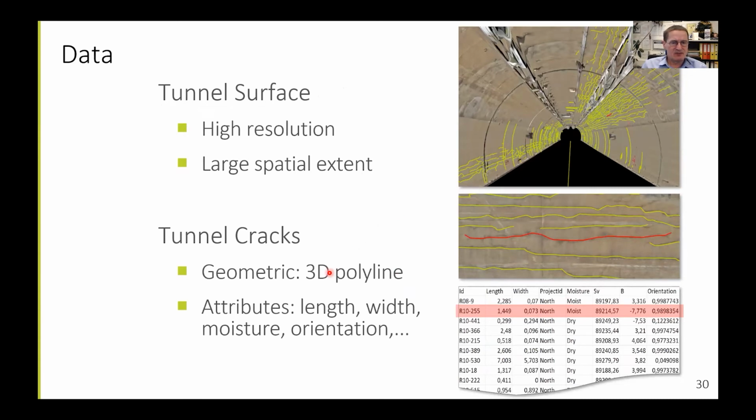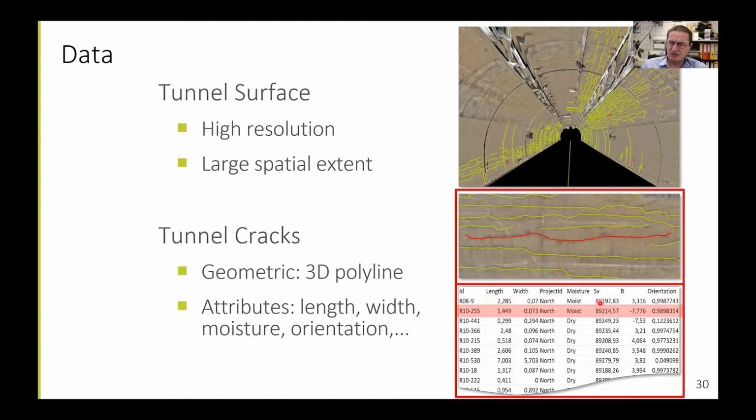So we have the tunnel with geometric polylines by itself, and then we have these attributes: length, width, the moisture schedule, which is really important to find out if water is entering the tunnel and is damaging the tunnel, and a repair operation is necessary. And the SV and B are the coordinates where this is located. SV is the coordinate along the tunnel central line, and B would be an angle along the cross section.